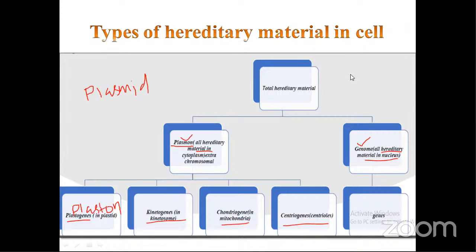Anything else? Okay, a plasmid is a small circular DNA, mostly double stranded in nature. And that is not your genomic DNA, it is extragenomic DNA.